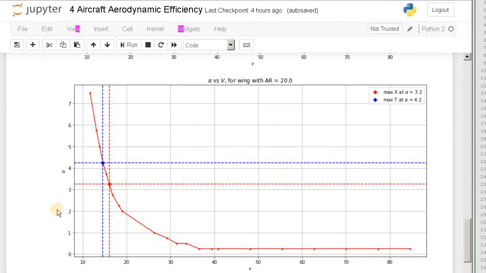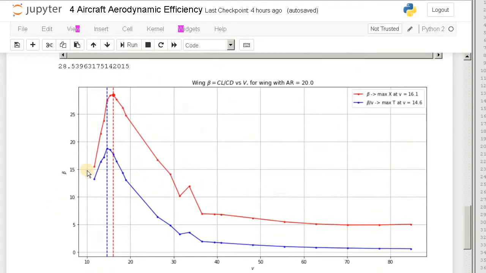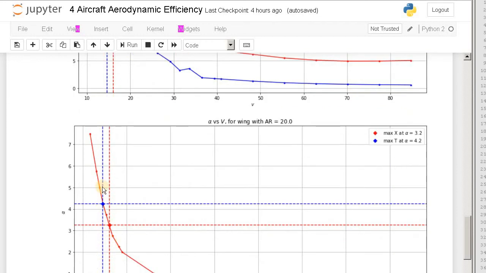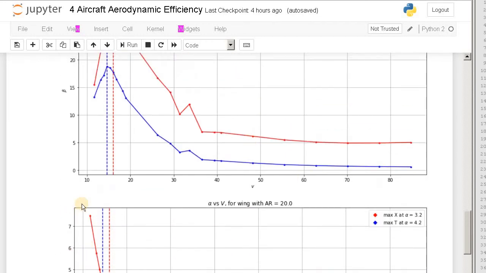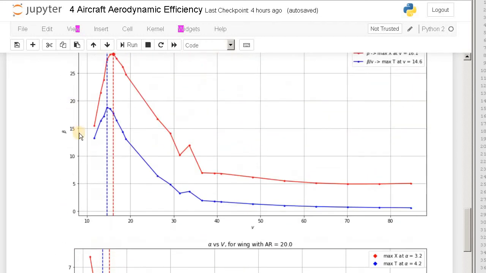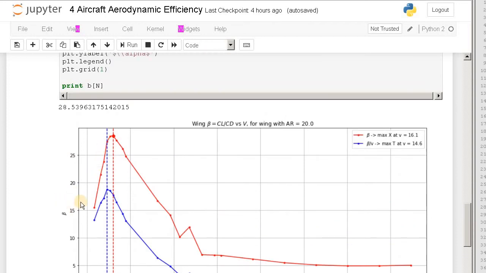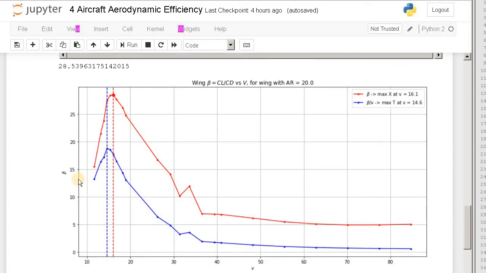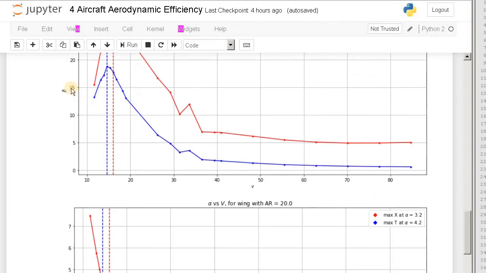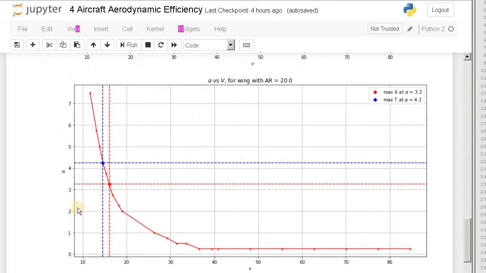We basically choose the speed, and at each speed we're going to put the alpha, because the beta parameter is lift coefficient divided by the drag. Lift coefficient is related to the angle of attack, so we can plot the angle of attack instead of beta. So here angle of attack is plotted over the y-axis, and here is the speed, and here's the curve.